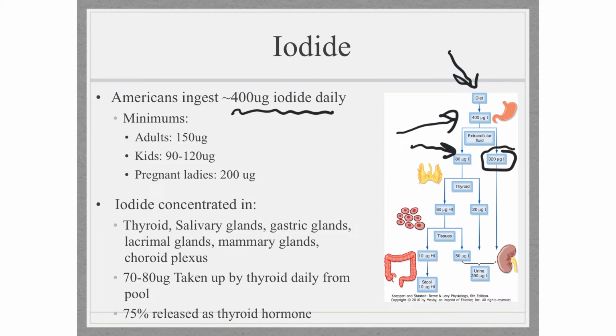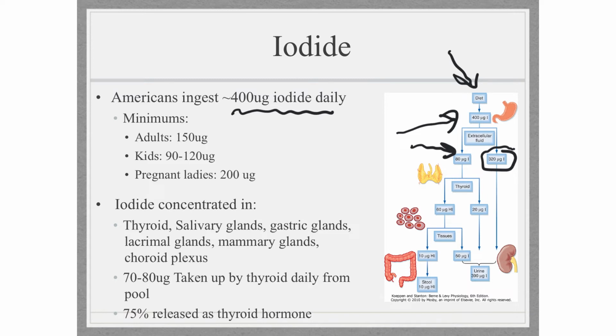Adults need at minimum 150 micrograms, kids about 90 to 120 micrograms, and pregnant individuals 200 micrograms per day. Because American citizens are having so much more iodide than they need, it is pretty rare to see true iodide deficiency driving thyroid problems.